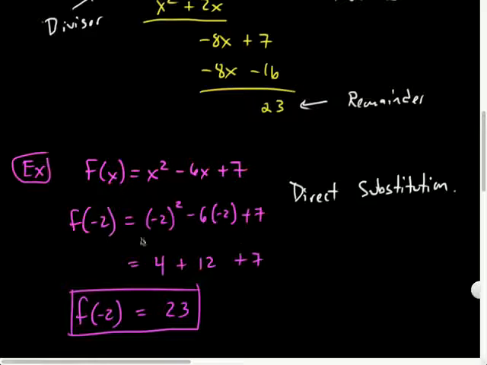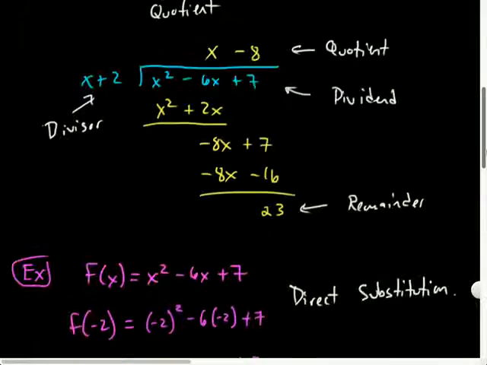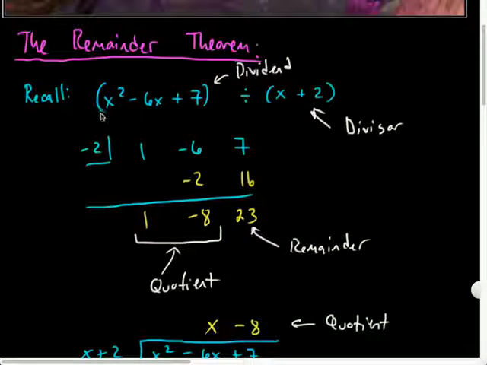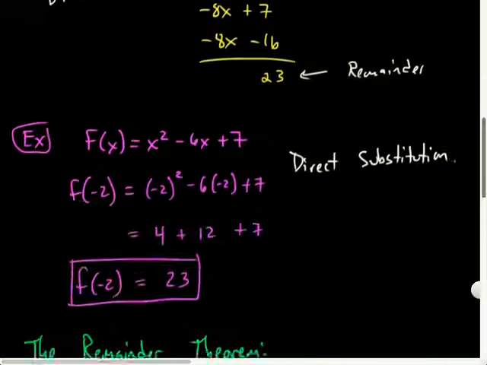If I use synthetic division, all I do is add and multiply. I didn't have to worry about weird exponential sign rules or PEMDAS. I was able to get the answer easier than this.